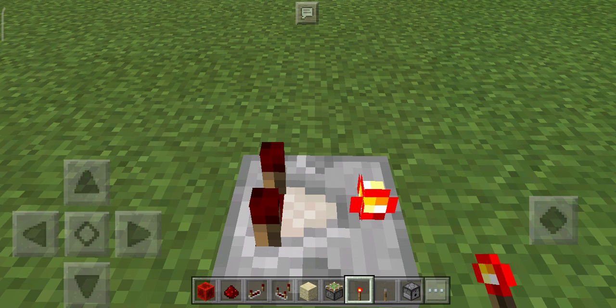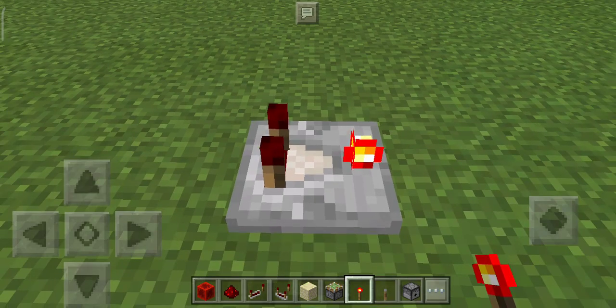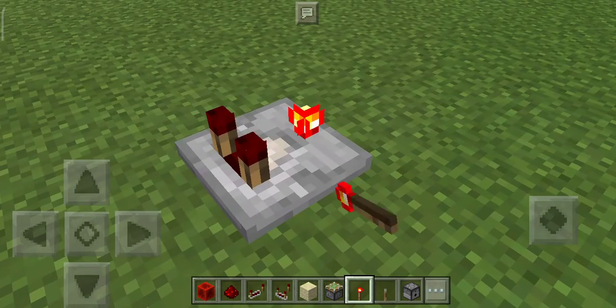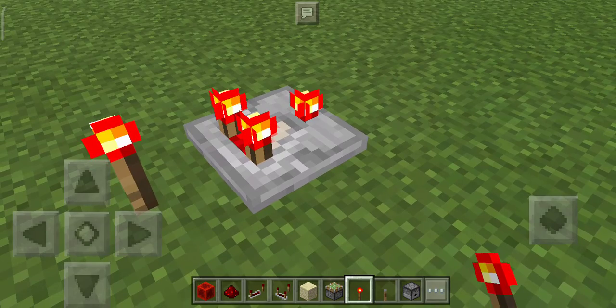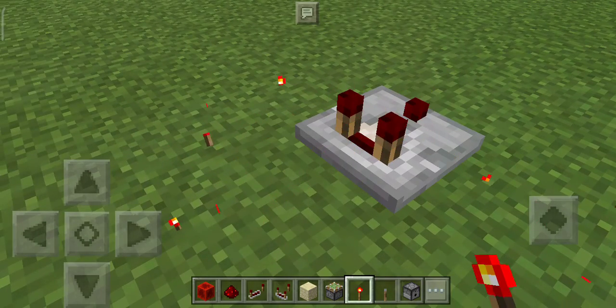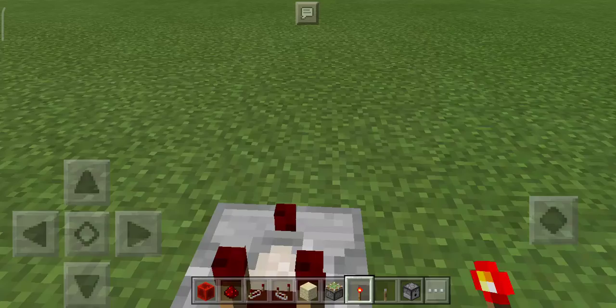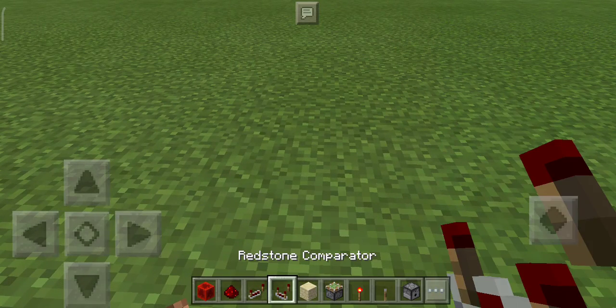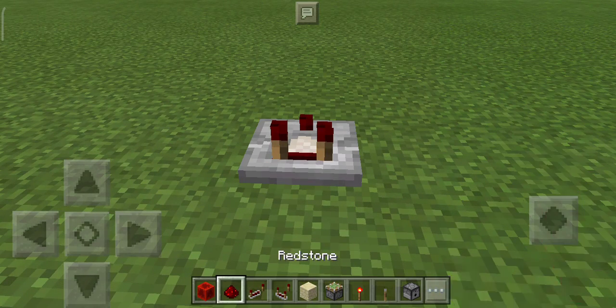So now that is the subtract mode, and that can be used for a bunch of things such as a redstone clock.